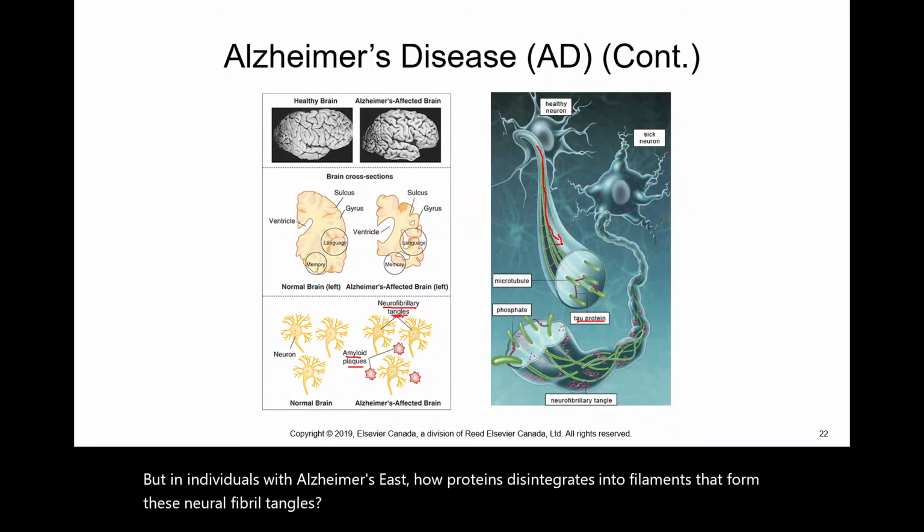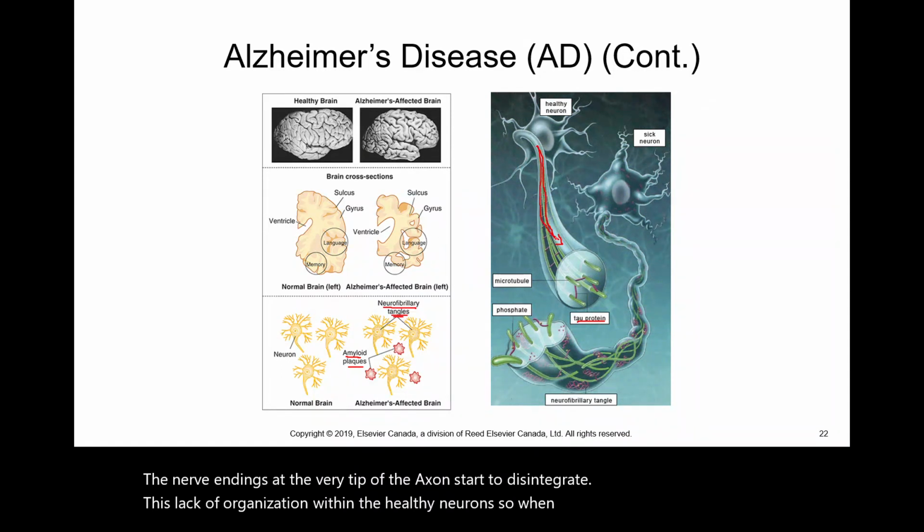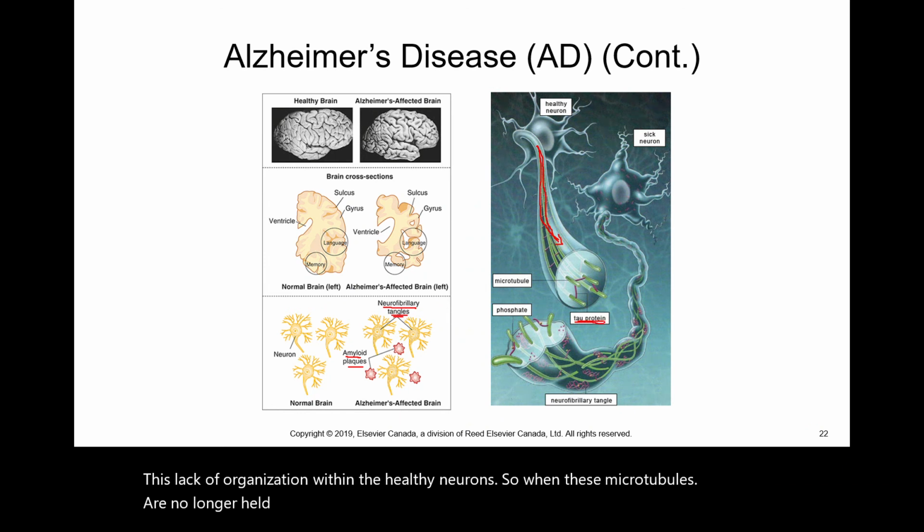The nerve endings at the very tip of the axon start to disintegrate because of this lack of organization within the healthy neurons. So when these microtubules are no longer held together by the tau proteins, that is a case where these tangles form.